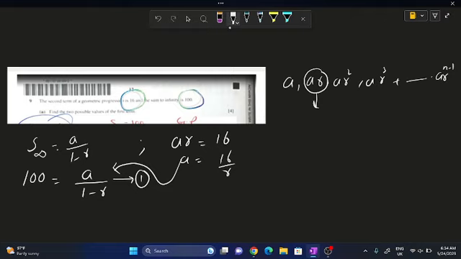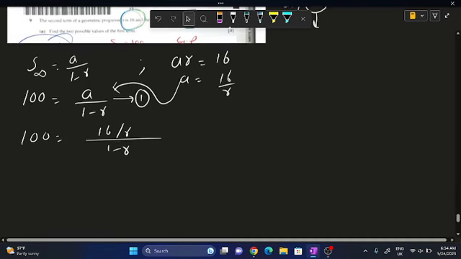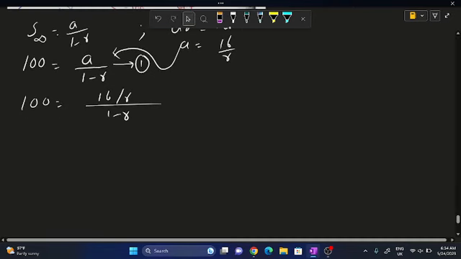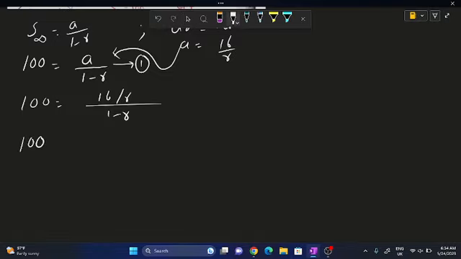That gives you 100 equals 16 by r, whole divided by 1 minus r. Doing the simplification, you can say 100 equals 16 over r times 1 minus r, which gives 16 over r minus r squared.